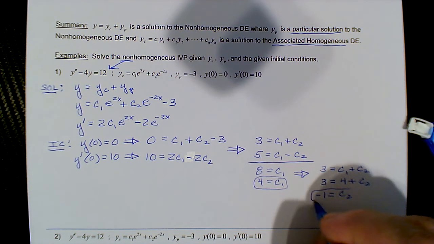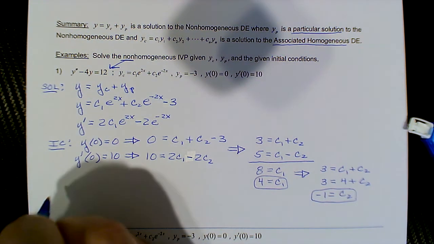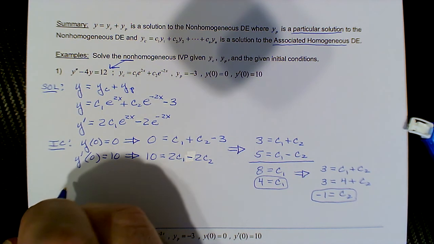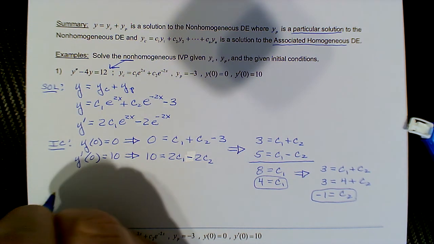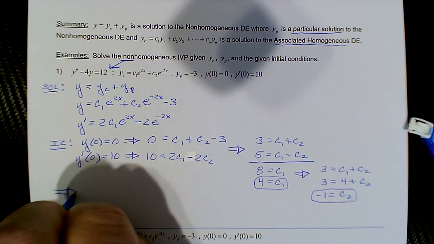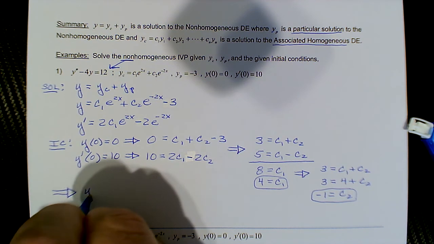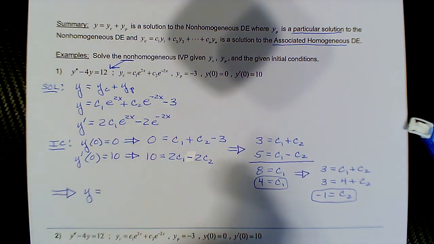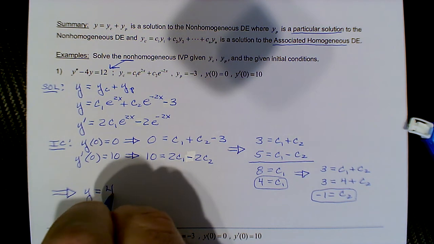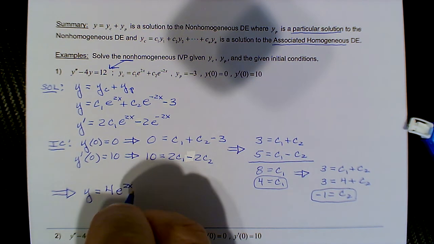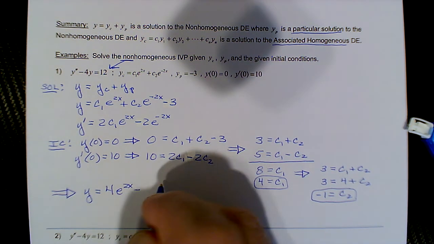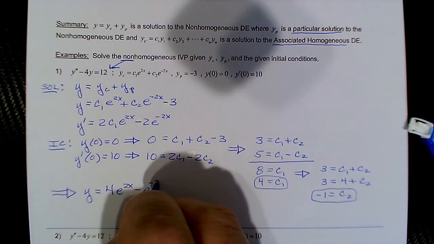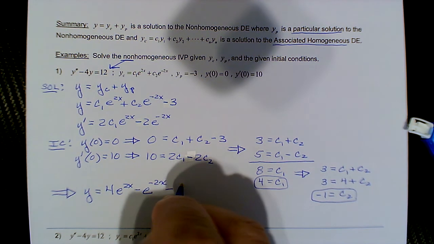Then we get our particular solution, y is equal to, back up here, c1, which was 4, e to the 2x, plus c2, which is minus 1, so just minus e to the negative 2x, and don't forget to tag along the negative 3.